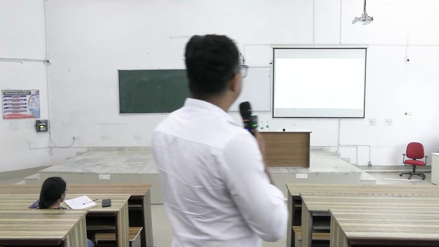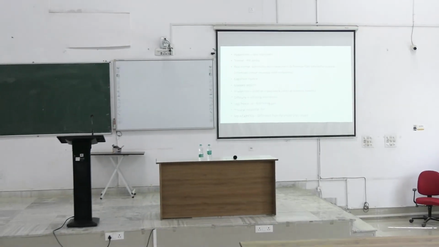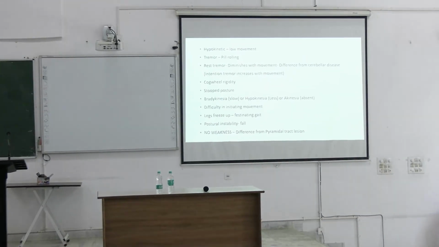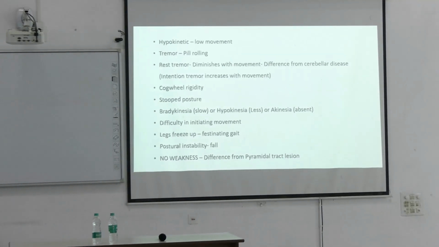So Parkinson's disease is essentially RAT symptoms. Hypokinetic means low movement, and there is a specific type of tremor, where you need to differentiate a patient of cerebellar disease and Parkinson's disease by simply seeing the tremor.